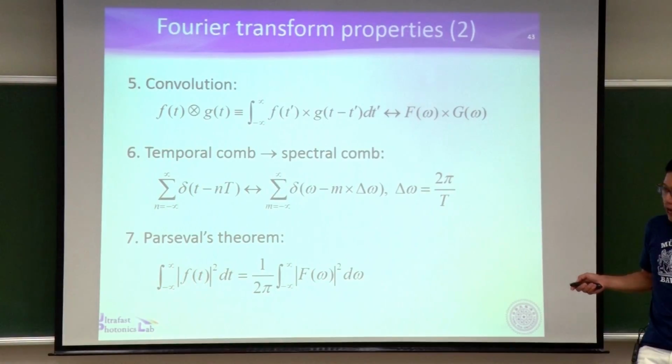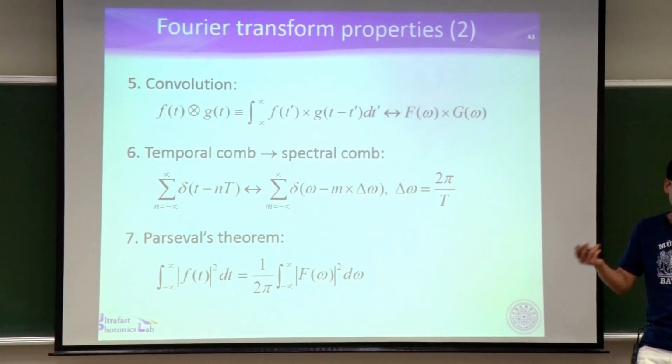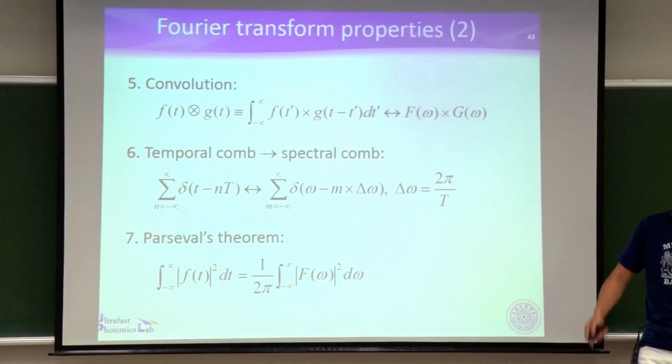If you assume f of t is something like electric field, what is the corresponding absolute square? Field, absolute square. What do you have? Intensity or power, right? And if you integrate the power function with respect to time, what do you have?